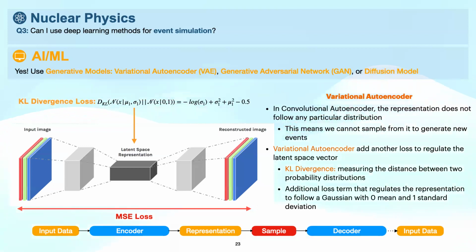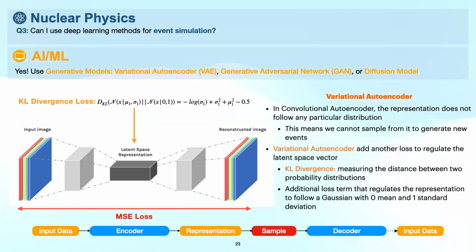So the variational autoencoder adds an additional loss beyond the MSE loss to regulate this latent space, so that it follows a particular distribution. And if it follows a particular distribution, it means we can sample from it. The loss we add is called KL divergence. It basically measures the distance between two different probability distributions.